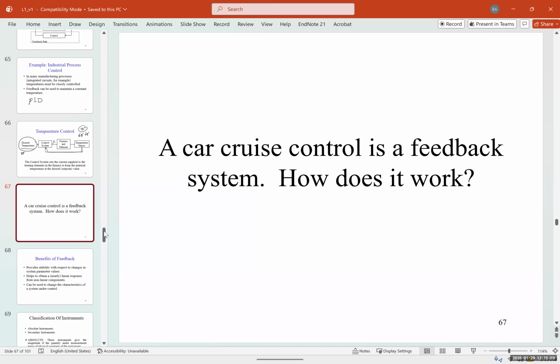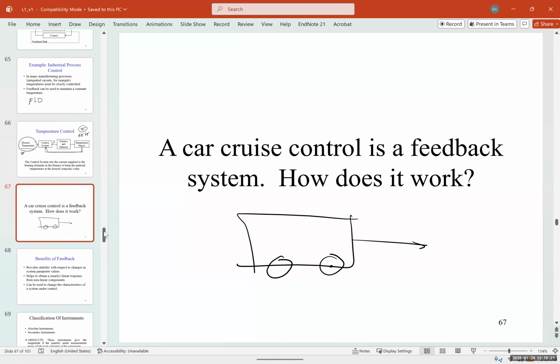Another example is a car cruise control, which is a feedback system. Now, how does it work? You have a speed sensor, which is on the transmission, for example, that measures the car's speed by measuring the rotational speed of the tire.